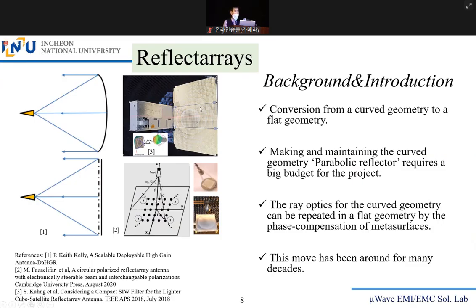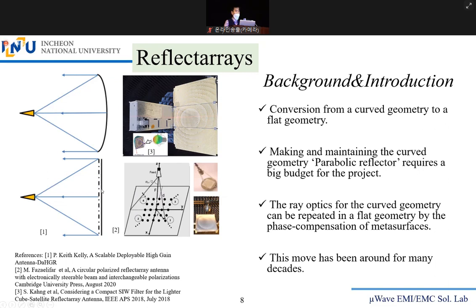So my group has developed very similar antennas of the same kind for the same purpose. Can you see that? The reflector, a curved geometry, is converted to a planar structure. It seems like an array antenna, but there is no driving or feeding system underneath.